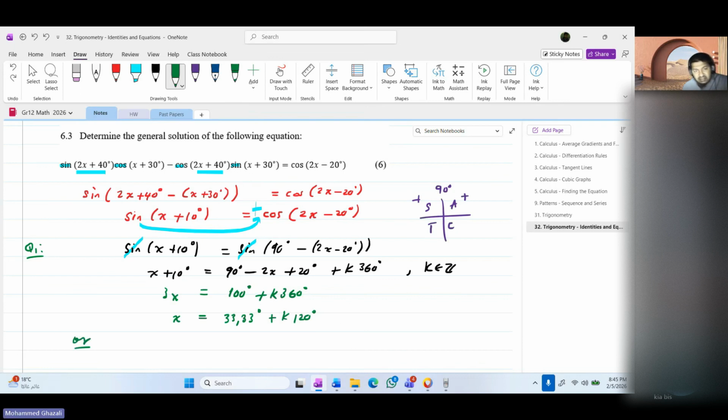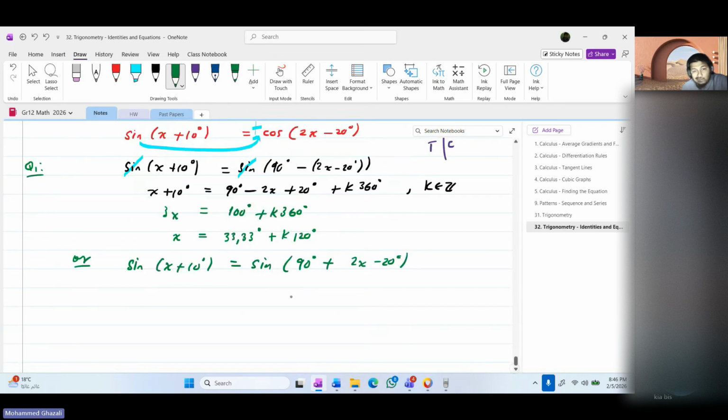Or, the second answer is changing the sine as 90 plus. So sine of, we're changing the cos to sine of 90 plus 2x minus 20. So we drop the sines on both sides. Remember, we have done something like this before, but I used 270 because I changed the cos.